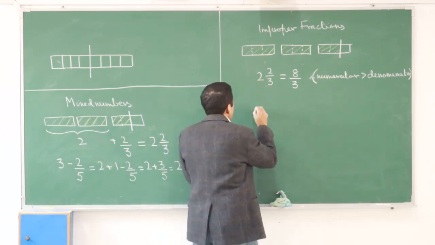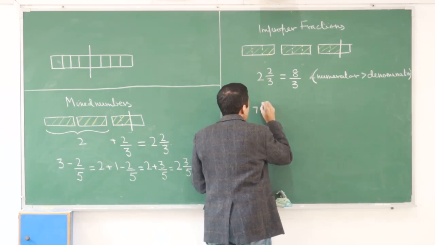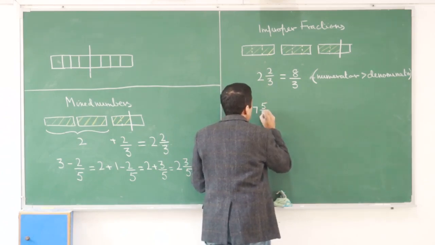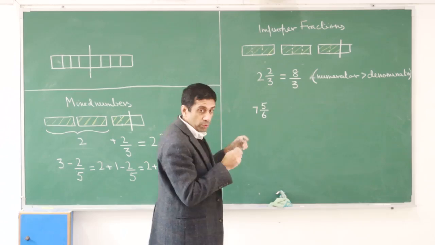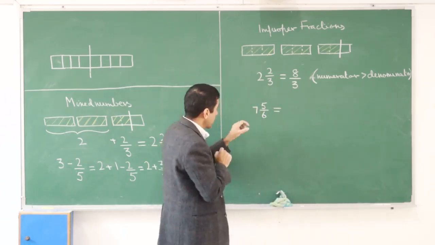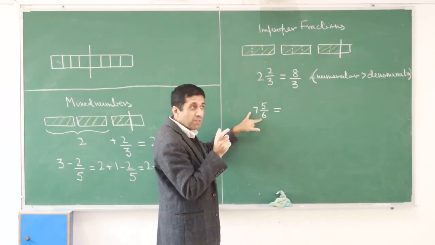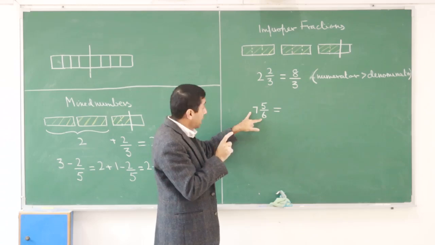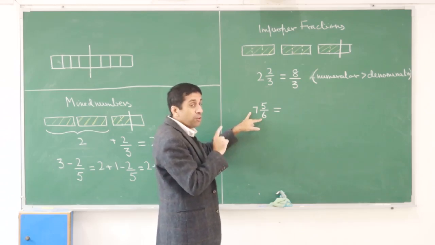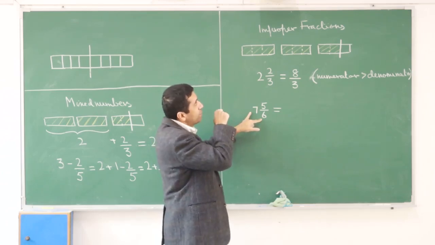So in general, if I have a more complex thing which I don't want to draw, 7 and 5 over 6, this is a mixed number, and I want to write it as an improper fraction. So now I have 6. Each whole will have 6 sixths, and I have 7 wholes.